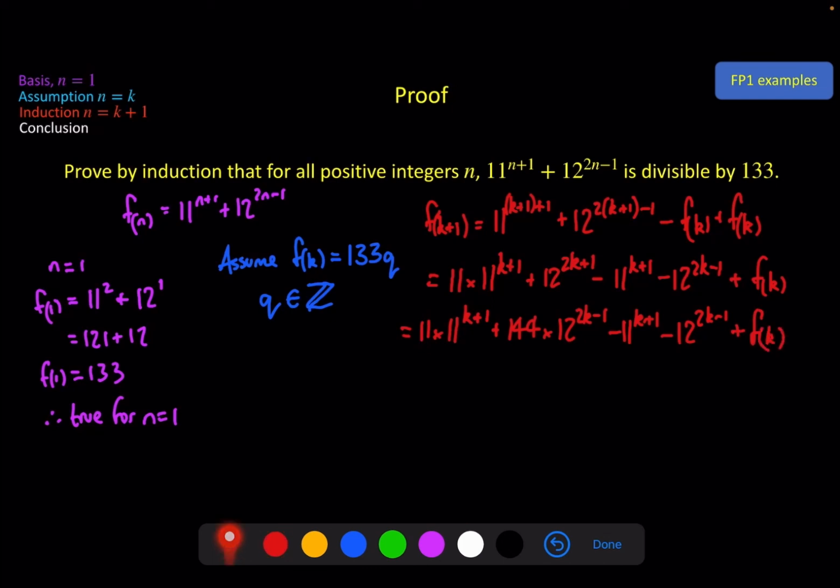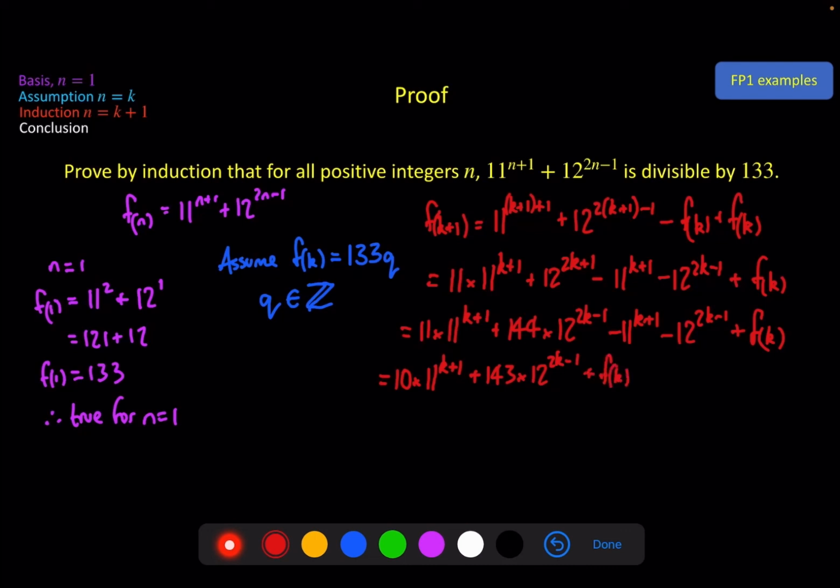Now I've got terms that are similar, so I can take 11 lots of this, minus 1 lot of this, that's 10 of these, plus 143 lots of 12 to the 2k minus 1, plus f of k.